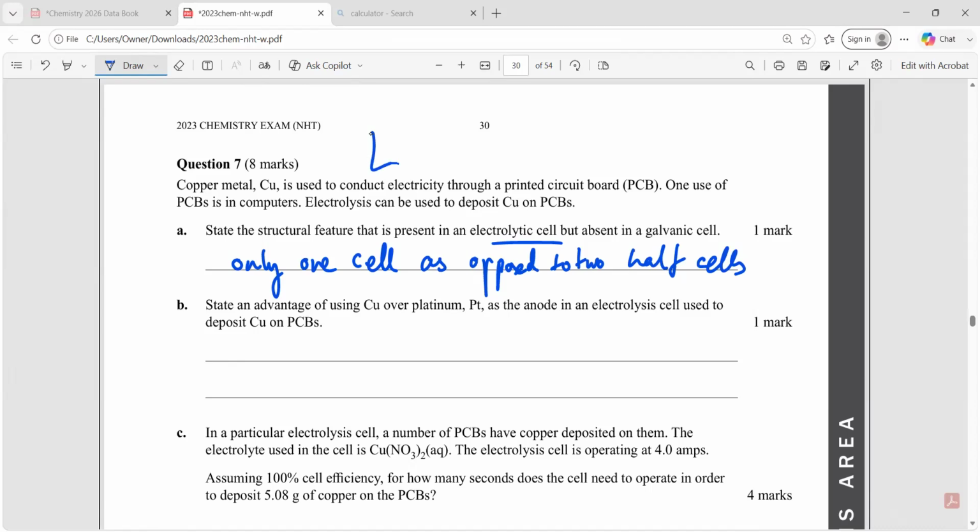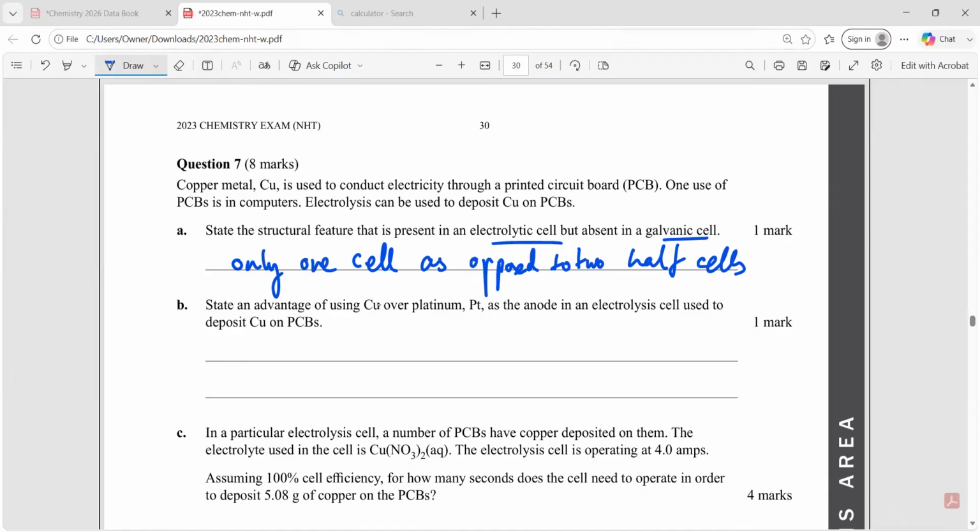Electrolysis most of the time happens in one cell, especially depositing copper, that's electroplating, whereas galvanic cells happen in two. You could also say that electrolysis requires power, whereas galvanic cells don't.